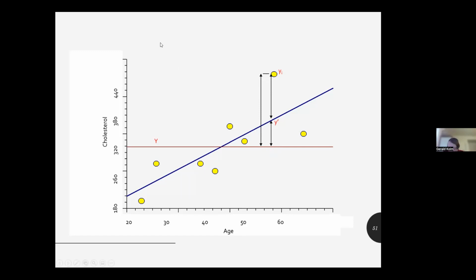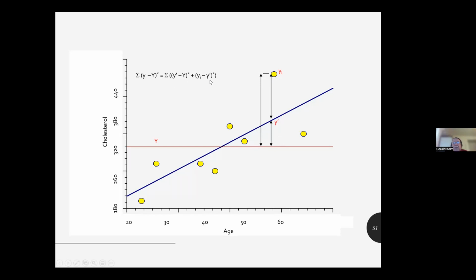And so we can then calculate what's called a sum of squares. The distance between the observed value and the mean value is equal to this distance plus this distance, except that we're going to square them. Otherwise, we'll come out with a value of 0.